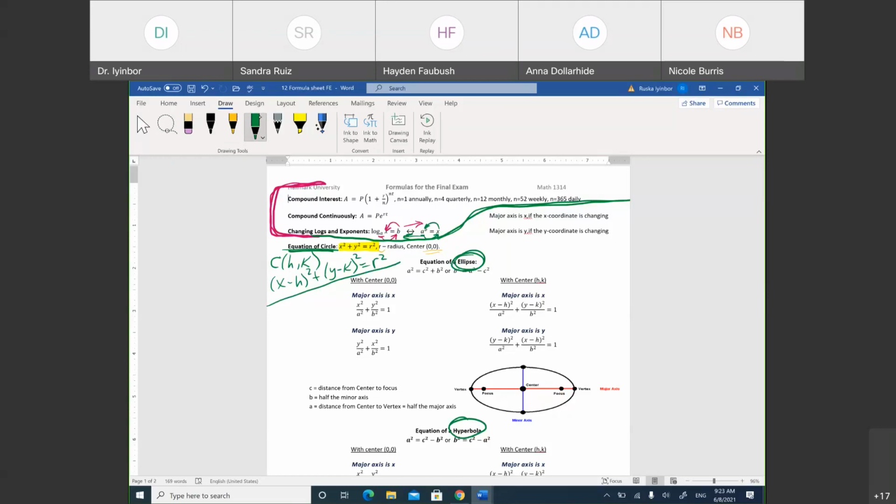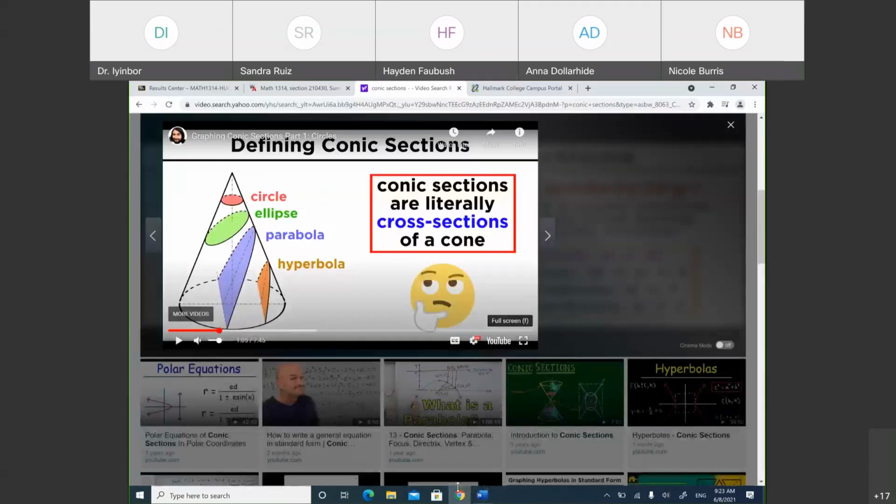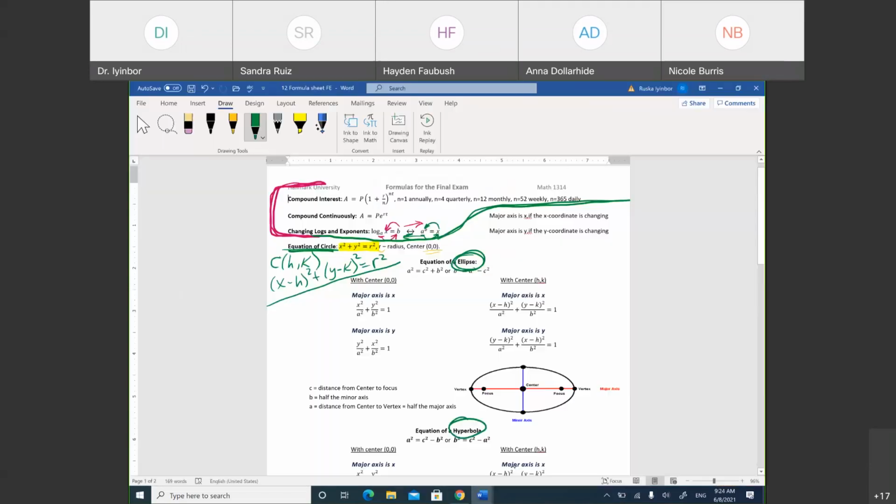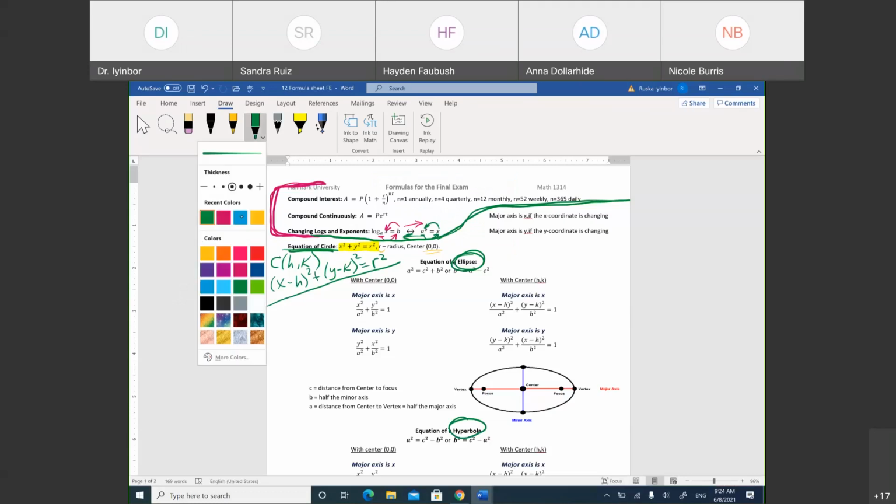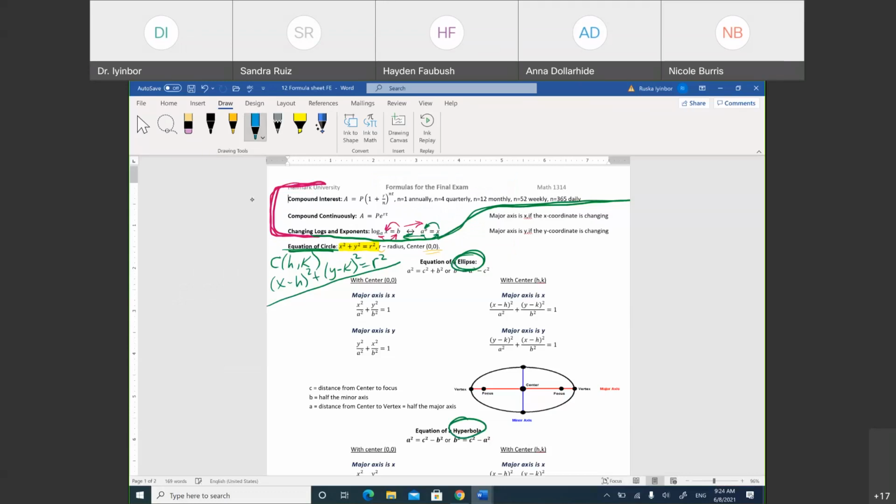Okay? So now, the next shape we're talking about is ellipse. So ellipse looks like this. And the ellipse can be open horizontal or vertical. So looking at my graph here, I have a graph of ellipse. See this here, it's a horizontal ellipse.